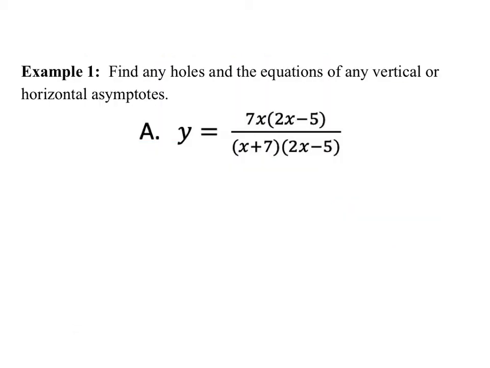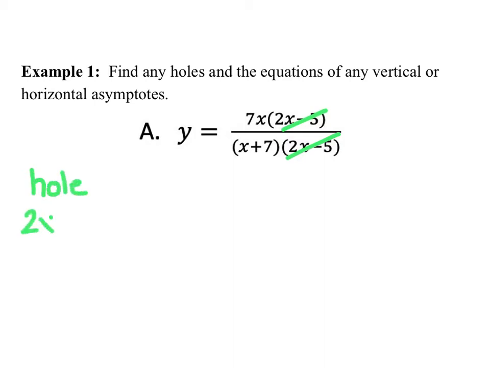So of course, let's illustrate this with some examples. This first one says to find any holes and the equations of any vertical and horizontal asymptotes. This rational function is already factored for you. The first thing I notice is that I have two factors, 2x minus 5 and 2x minus 5, that are going to cancel. But I recognize that this is going to produce a hole.